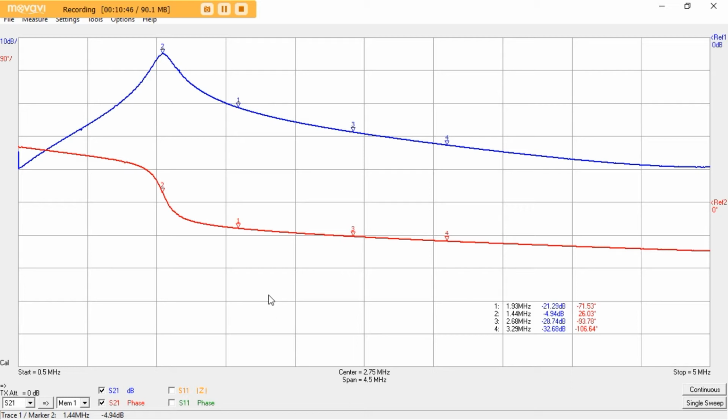Also, now that we have a direct connection to the top of this coil, we see that the insertion loss has dropped down to approximately minus 5 decibels. So this is what we expect, as we talked about earlier in the video. The vector network analyzer is measuring the reflected and transmitted power in the system. This is a passive element, the Tesla coil.